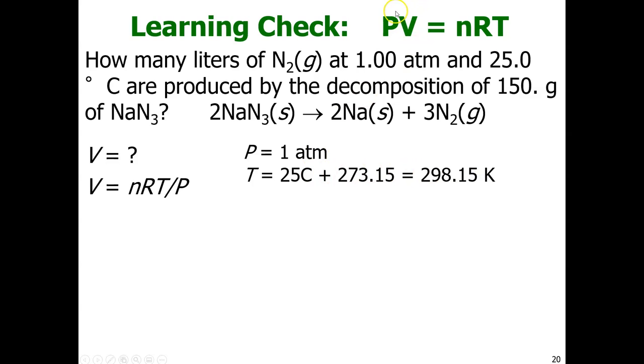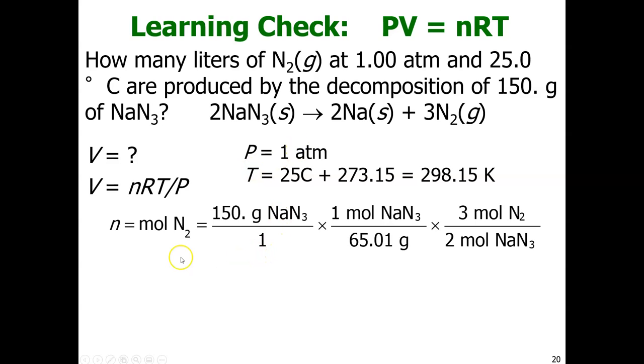I'm going to solve the equation for volume, which gives me nRT divided by the pressure. So volume is equal to nRT divided by pressure. Before plugging and chugging, I first need to solve for the number of moles of nitrogen.